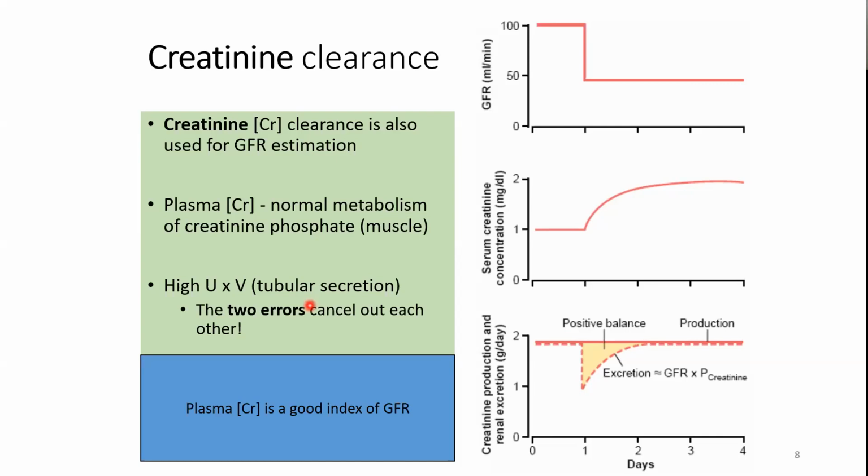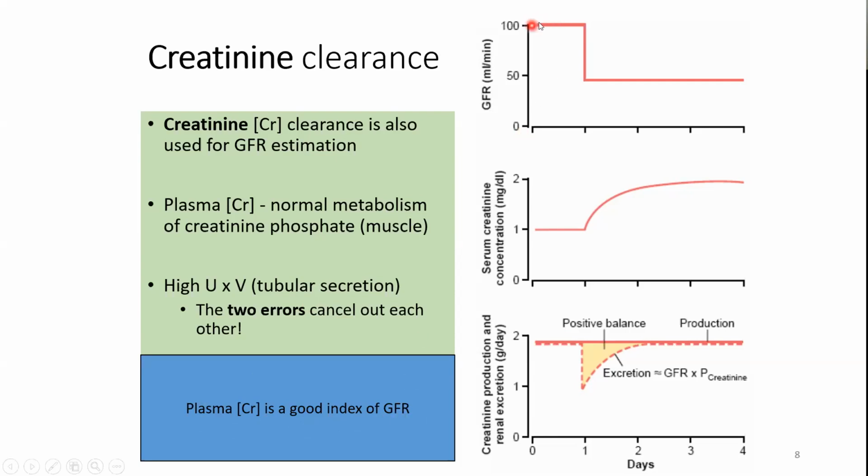These two cancel out each other, resulting in a reasonably accurate figure of GFR. So the plasma creatinine is a good index of GFR. Here you just look at this diagram.